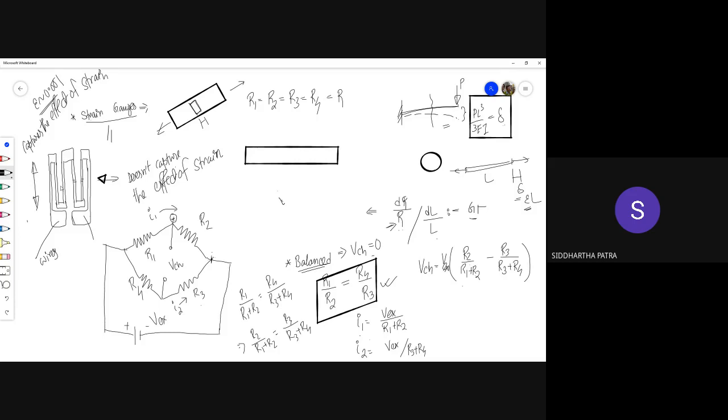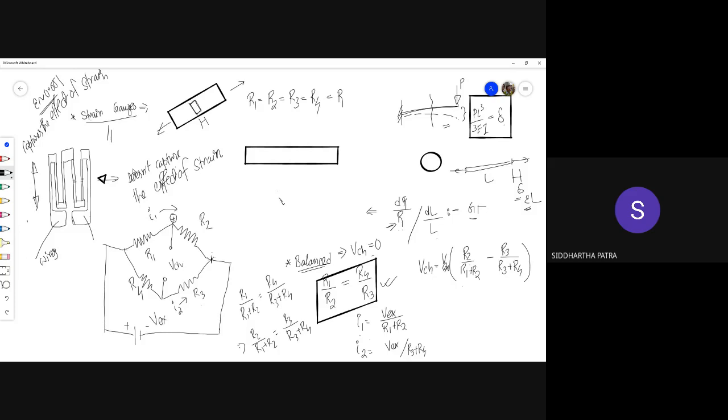If in the horizontal direction the strain gauge is supposed to expand, in that case these narrow strips only bend.